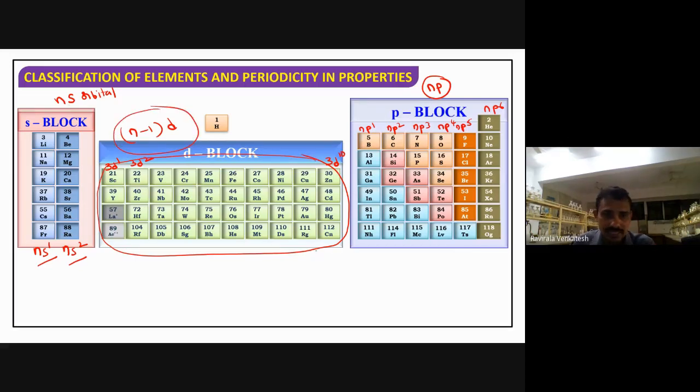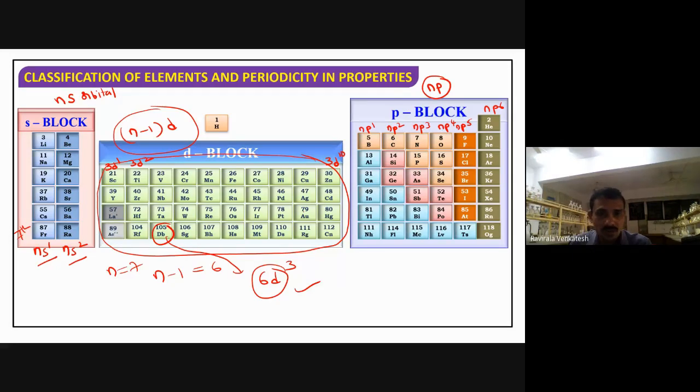For example, take dubnium. Dubnium belongs to the 7th period. Now n is equal to 7, so n-1 is equal to 6. In dubnium, the electrons will enter in 6d orbital. The configuration will be 6d3. In this way, we can easily write the configuration.